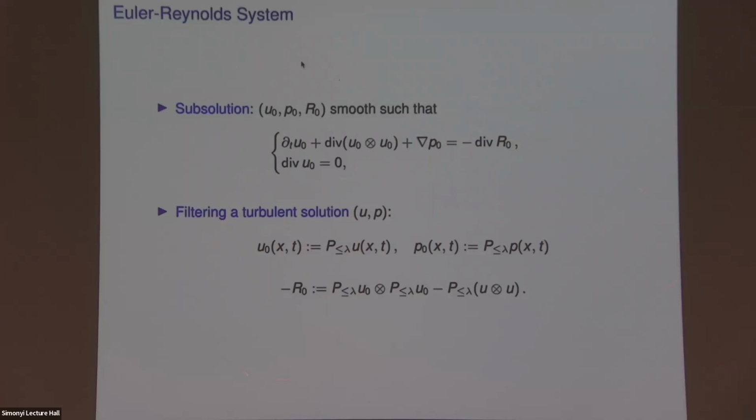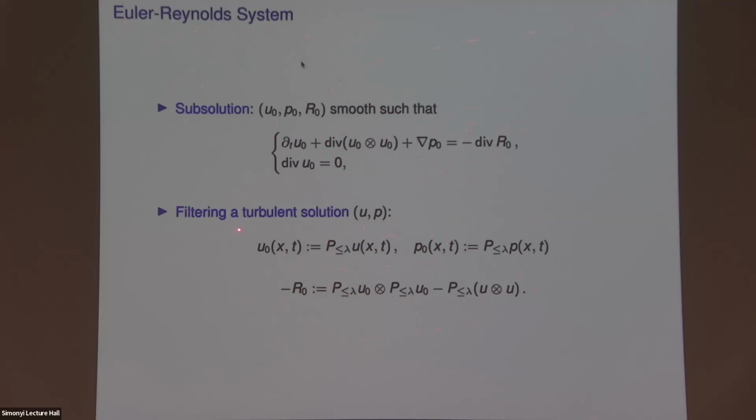So if you pick a solution to the Euler equation and you cut high frequencies or you apply a convolution, whatever, because of the nonlinearity, the regularized vector field and pressure is not going to solve the Euler equation, but is going to solve the Euler-Reynolds system with a Reynolds stress tensor depending on the commutator between the quadratic interaction and the convolution or whatever regularizing operator we apply. Convex integration goes a bit in the opposite direction.